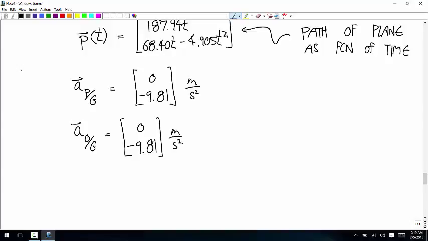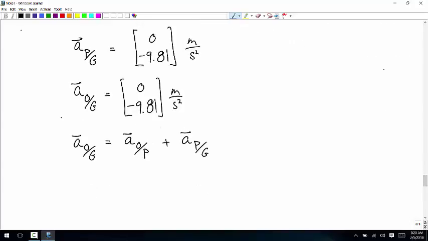Now the relative motion equation would say the acceleration of the object relative to the ground is equal to the acceleration of the object relative to the plane plus the acceleration of the plane relative to the ground. So 0, negative 9.81 is equal to the acceleration of the object relative to the plane plus 0, negative 9.81.